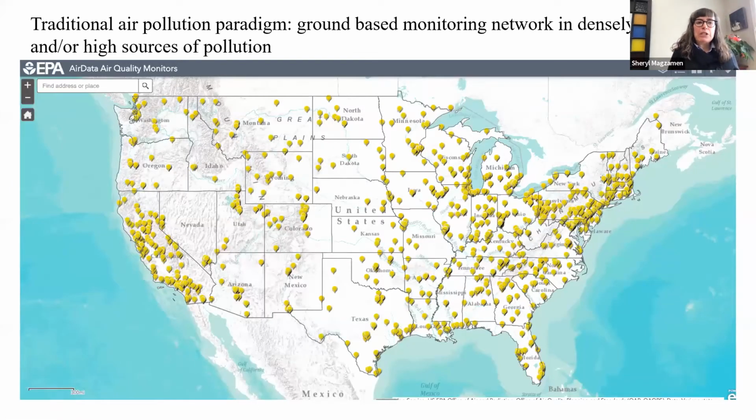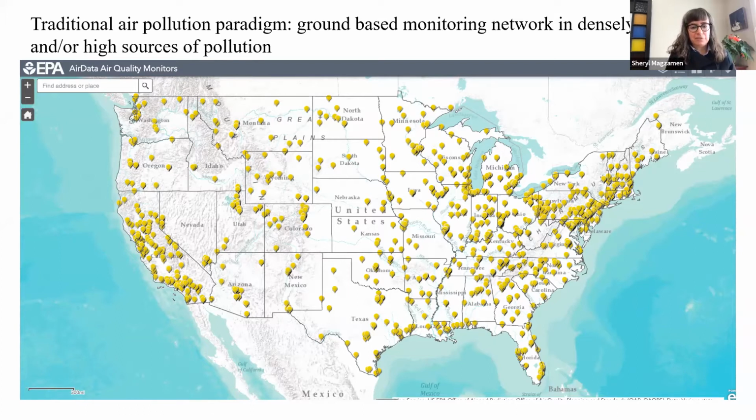Again, most of the research in this field has been facilitated by this extensive on-ground monitoring network that's available through the US EPA. This is a map of our current running PM 2.5 refined particulate matter sites across the country. If you'll notice, those tend to be in highly populated areas, especially in the Northeast, in the Ohio Valley area, California.